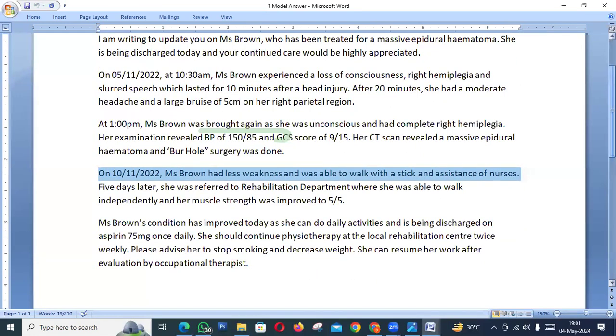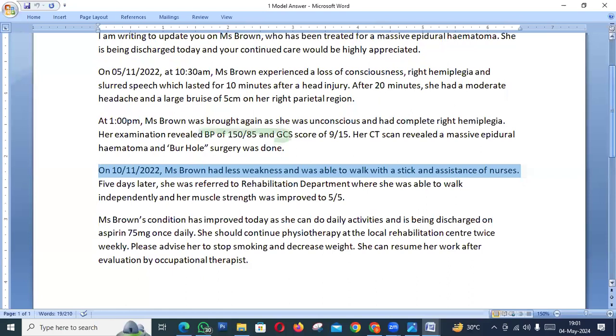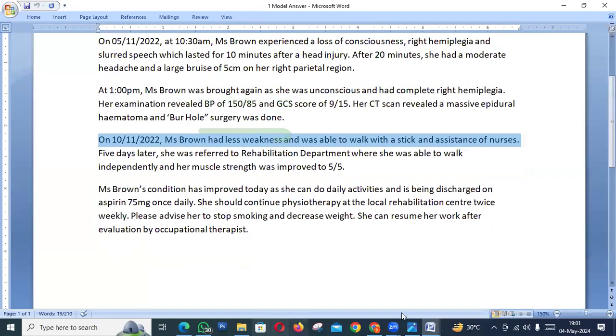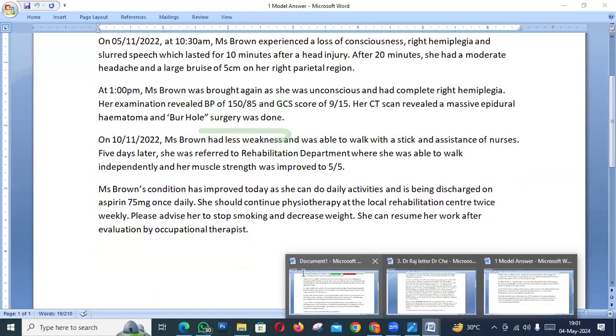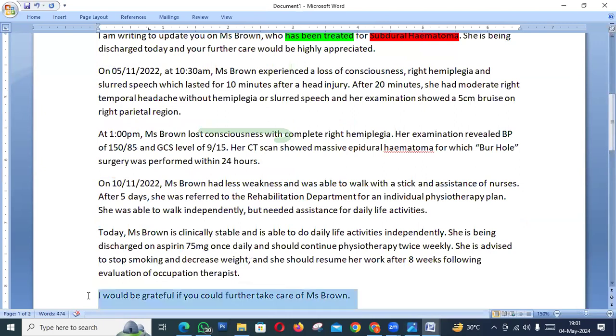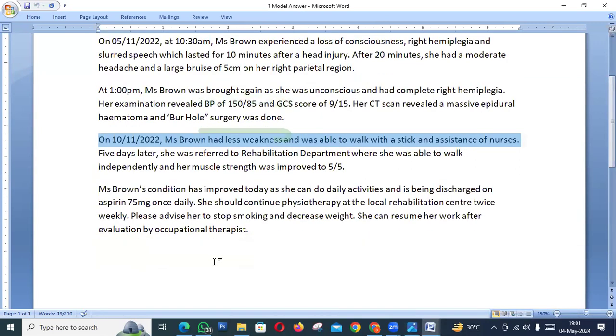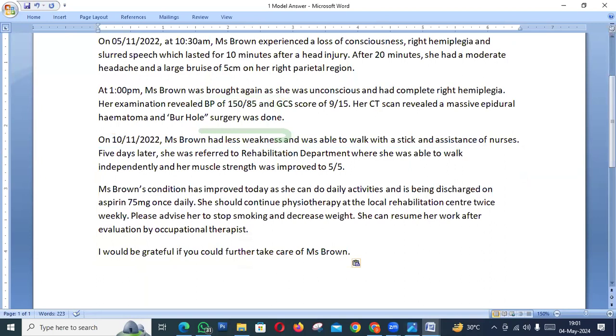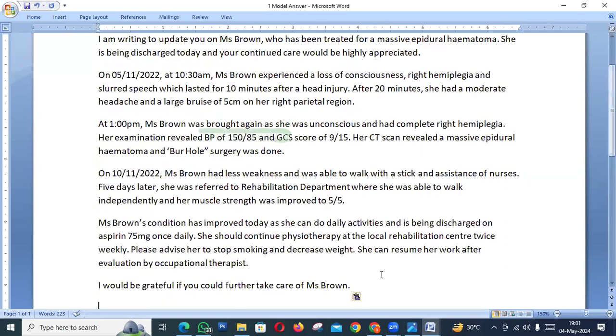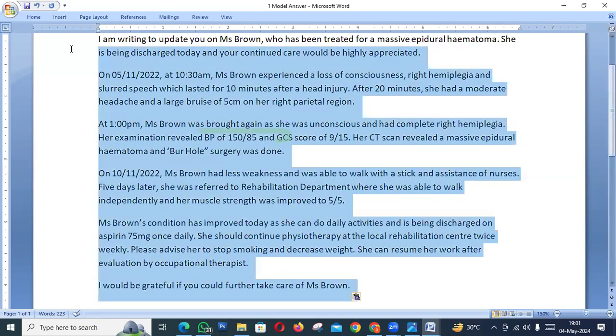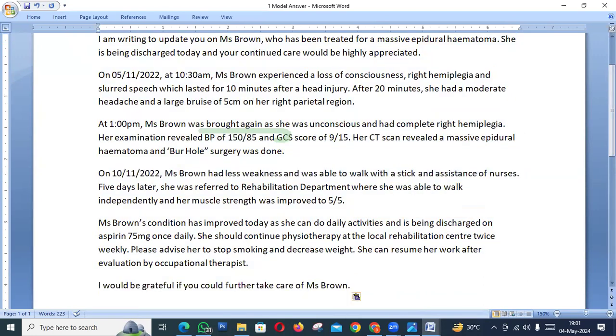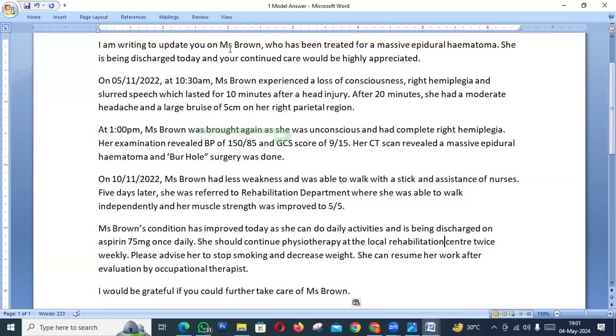No, I have not written the conclusion here. Let us add the conclusion here. 223 is okay. But overall, you should be concise, okay?